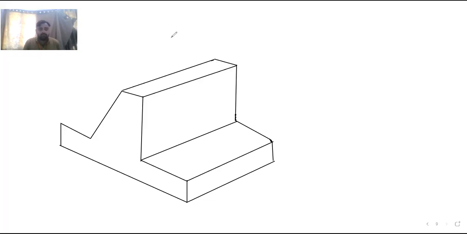Now suppose I draw the ground level. You can imagine that at this level your ground level is there. This is your ground level, GL. Only this much portion of this wall is below the ground and the remaining portion is above the ground.